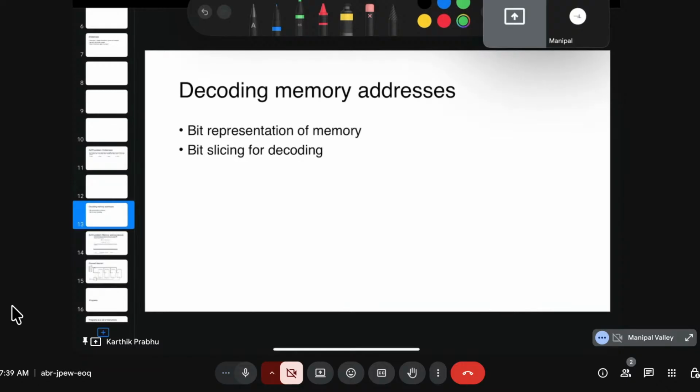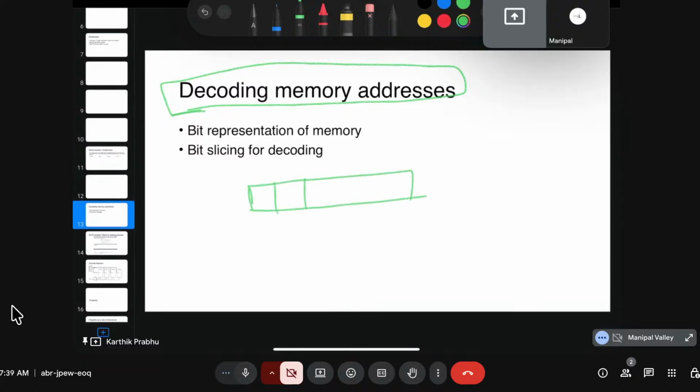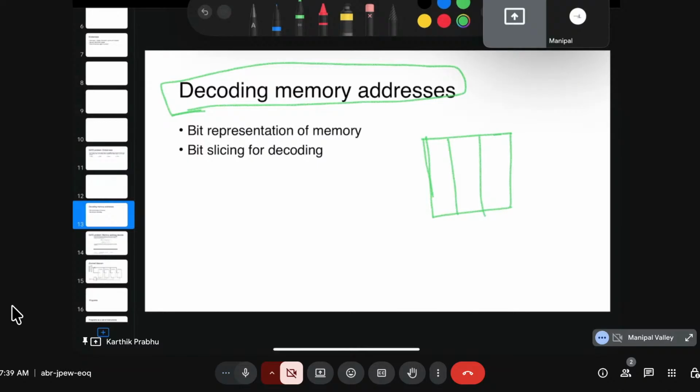Now we want to understand how to decode. So I kind of gave a hint of this already, right? So we have a 1D array representation of a memory. Say for example, I can quickly give an example, right? How would I represent 8 locations in a 2D matrix, let's say, which would be the best approach to do that?